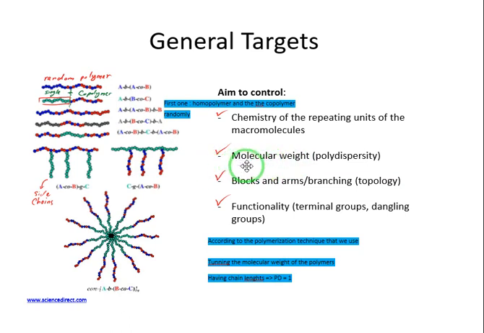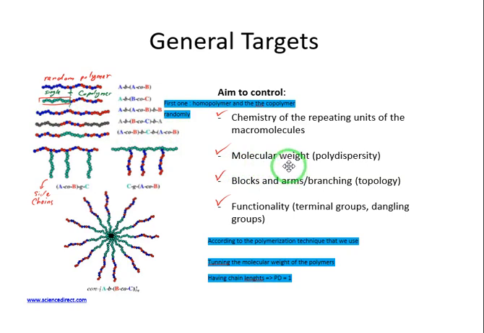If we just control the number of monomers which are in our polymeric chain, we will have control on the length of our polymeric chains, and we will have direct control on the molecular weight.